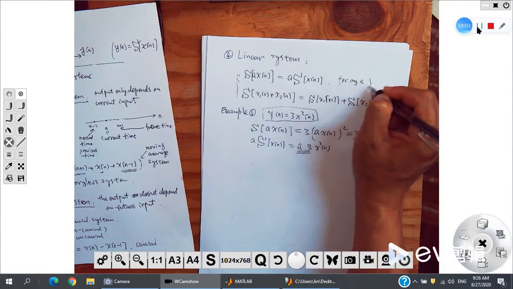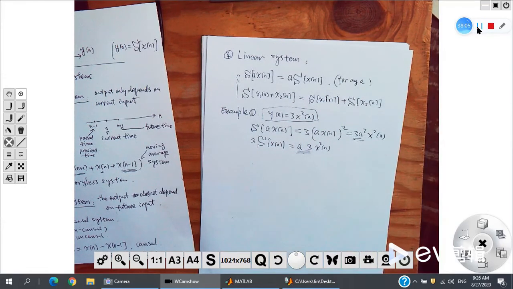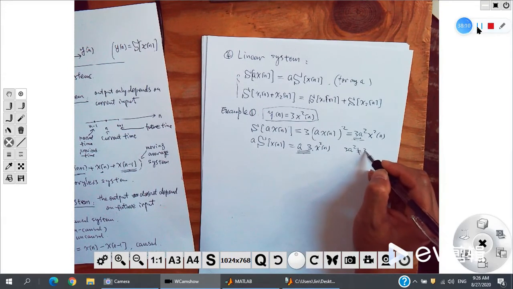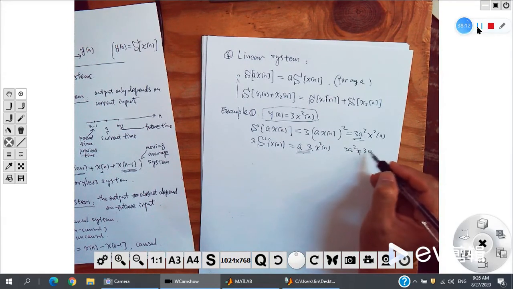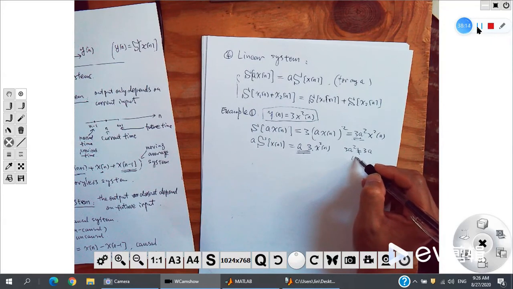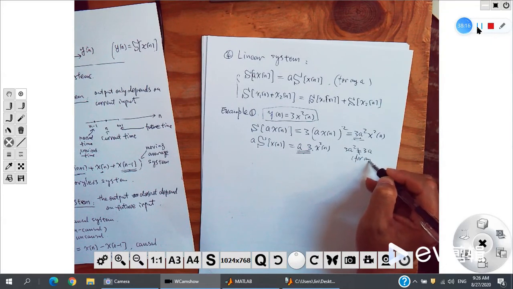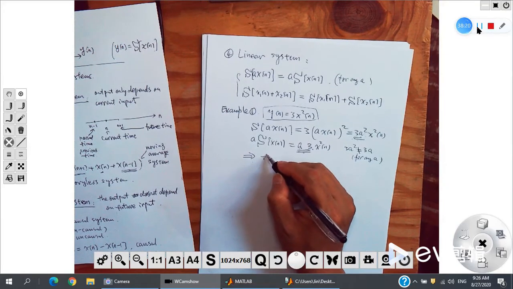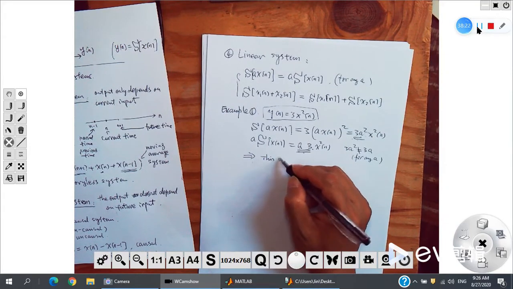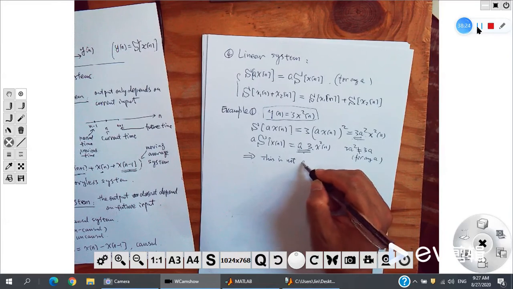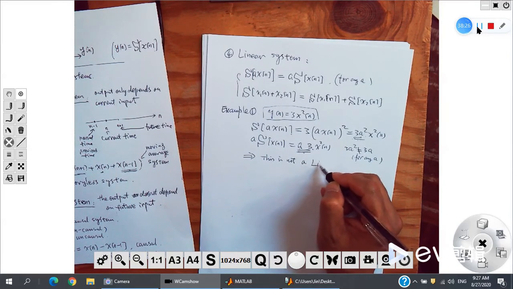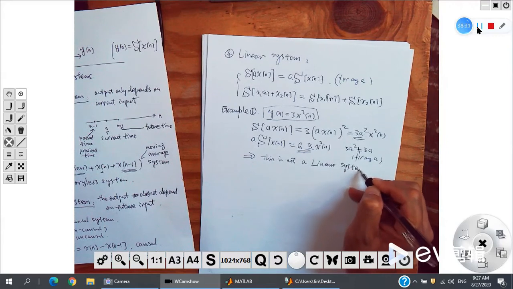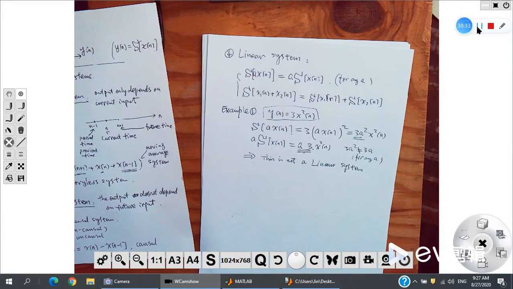For any a, they are not the same. So we say this is not a linear system.